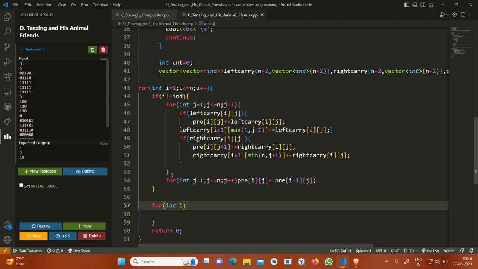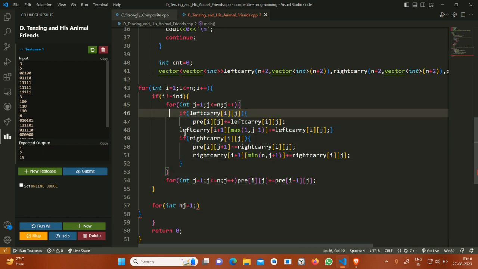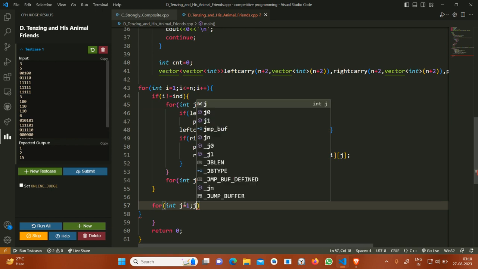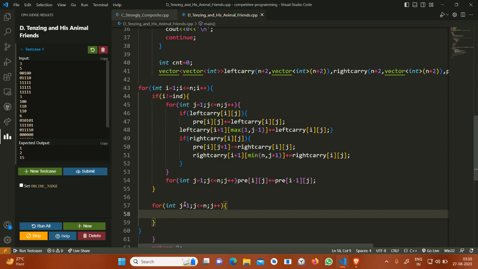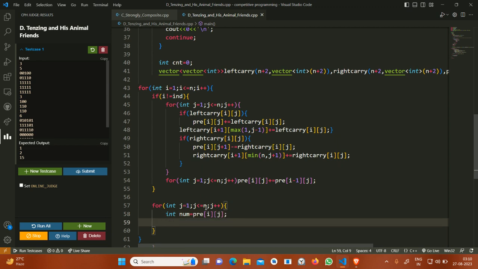Now for this row I will perform the main operation, j equals to 1. Till now I have just maintained the carry which I have to take care of in this row and the next row. Okay, now I will perform the operation on the current row. Int num equals to prefix of i j.